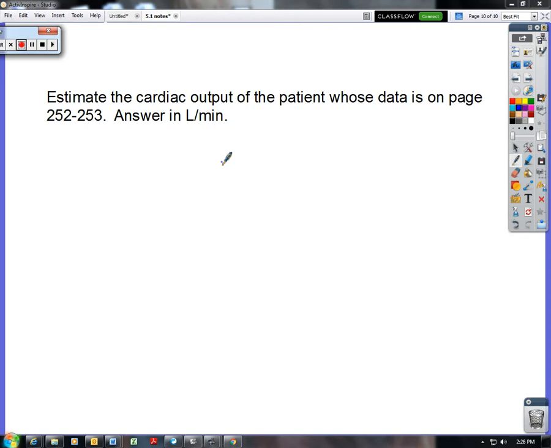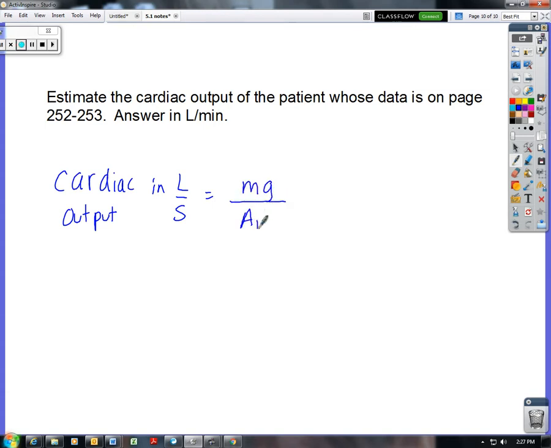So I'm going to recap what we learned on the last slide, that the cardiac output in liters per second is the same as the number of milligrams divided by the area.